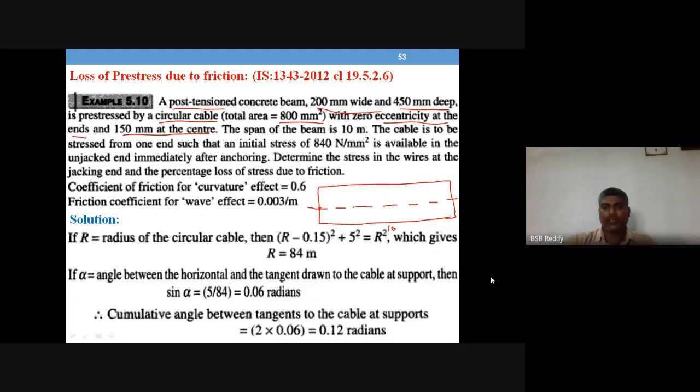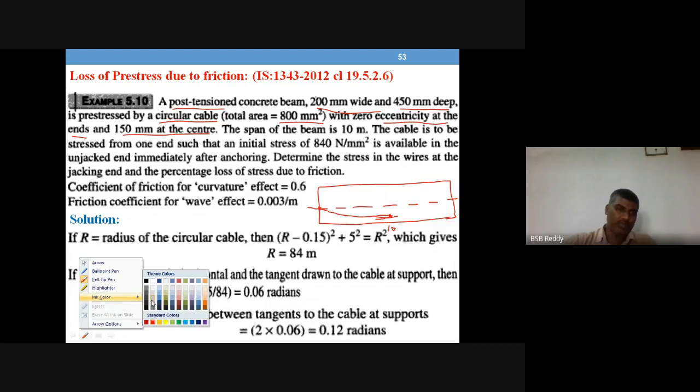So out of 450, 225 is the half of the depth. So 150 may roughly be around here. So this point, you have to join by a circular curve.